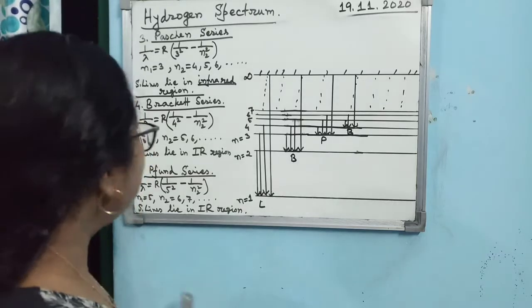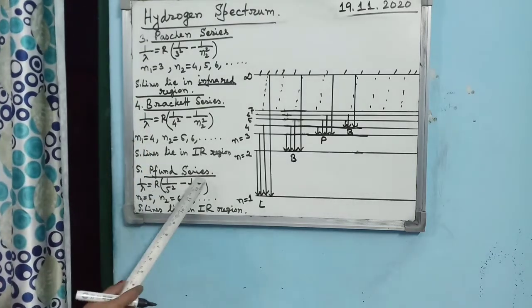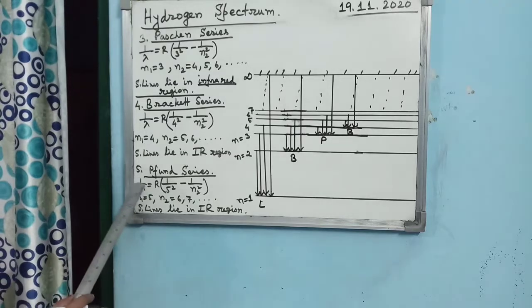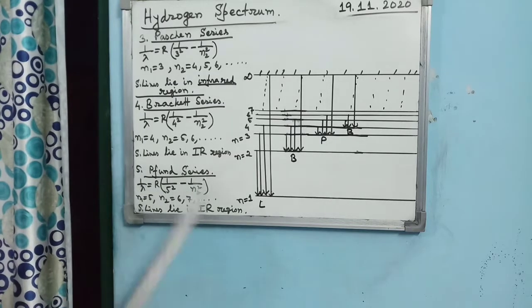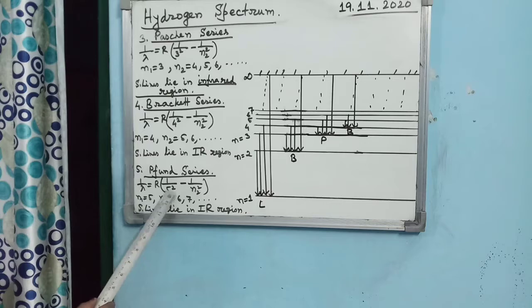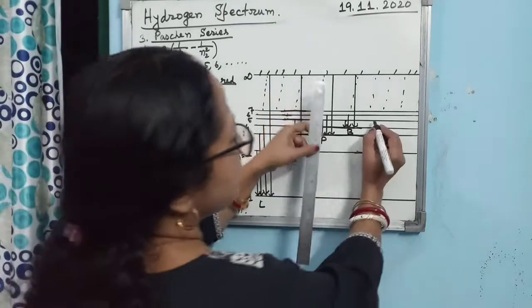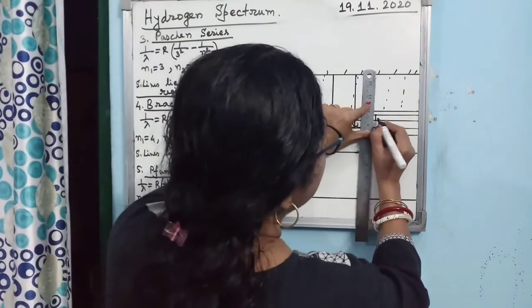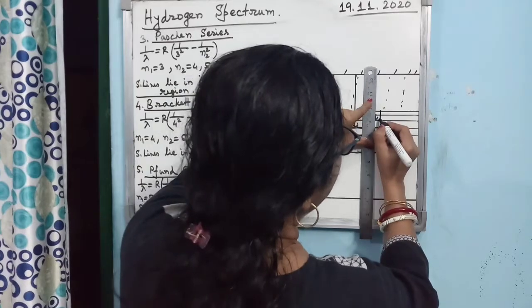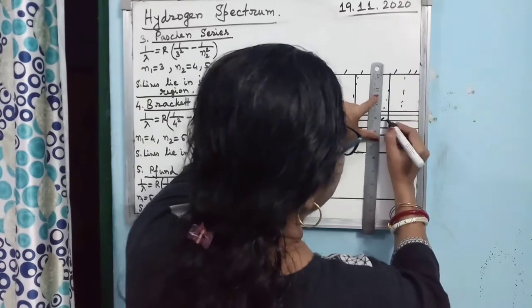The next one is known as the Pfund series. It is not P-fund, the P is silent. For Pfund series, the destination is the fifth. So here it is coming from 6 to 5, then from infinity to 5.